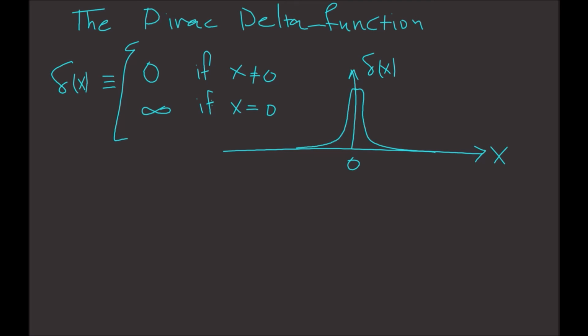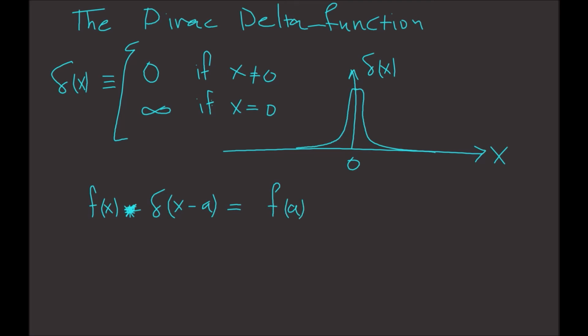With this given, we have to say a few things. If you multiply a function f of x times the delta function of x minus a, this is going to equal f of a.